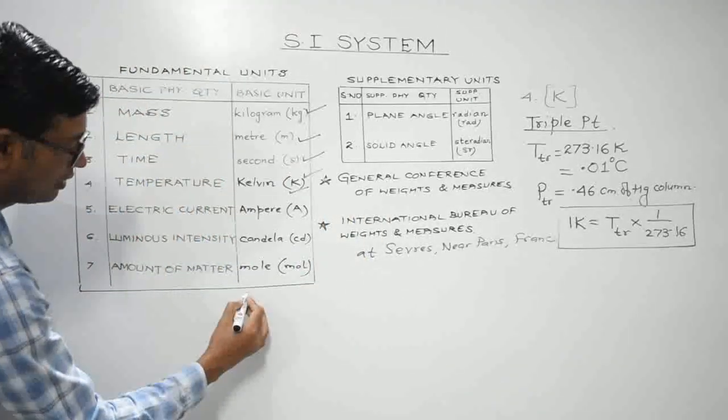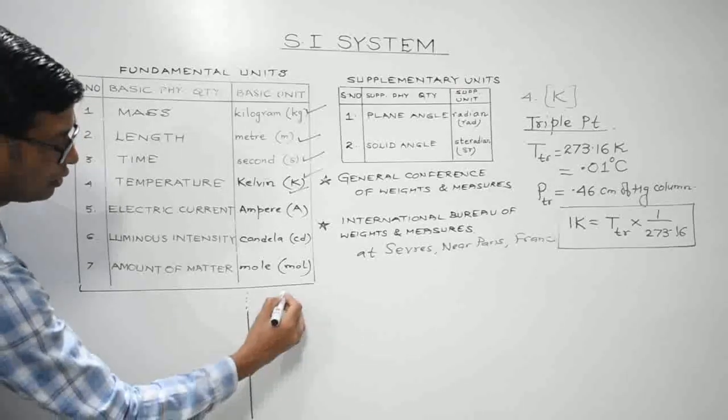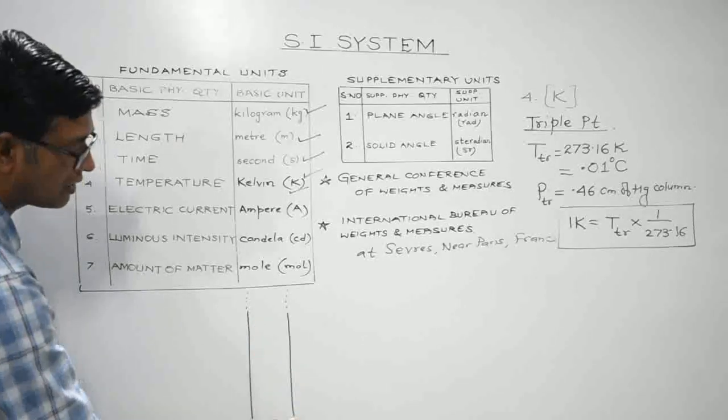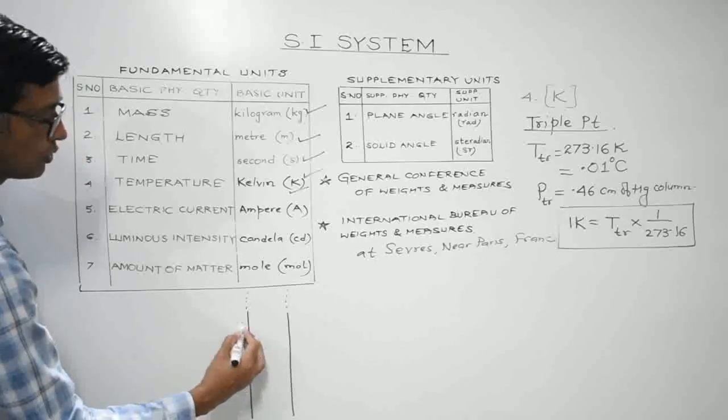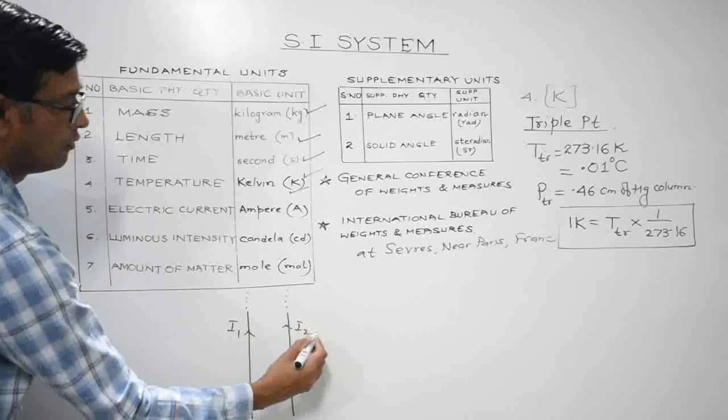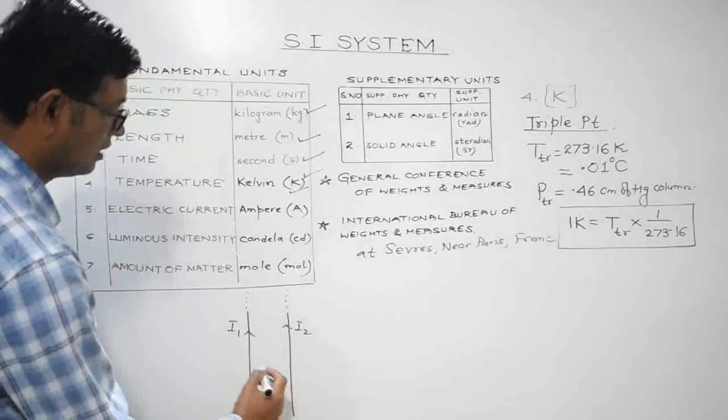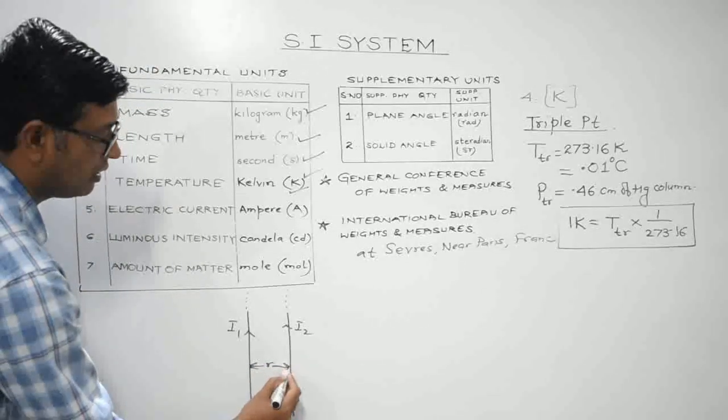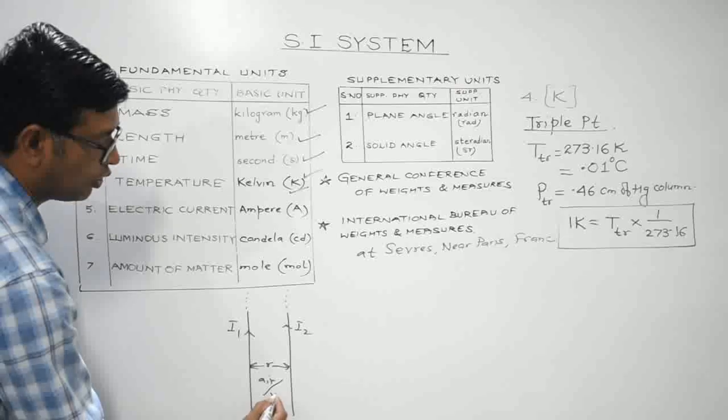Okay, suppose two straight infinitely long parallel conductors carry currents I1 and I2, and they are separated by distance r, placed in air or vacuum.